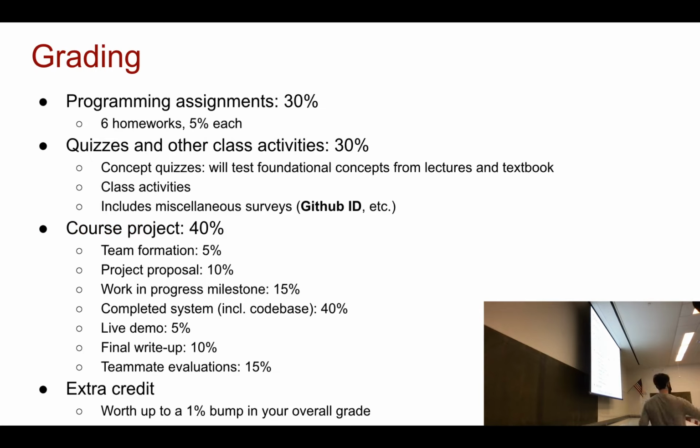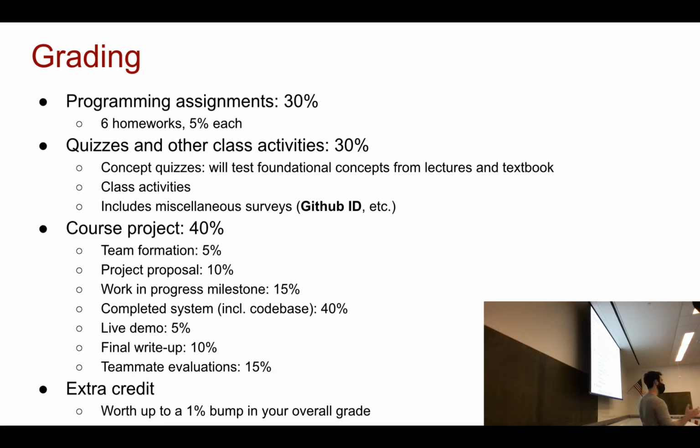Grading. There are three main buckets for grading. Programming assignments are worth 30% of the grade. There are six assignments, so each one is 5% of your overall grade. Quizzes and all the other miscellaneous activities we'll do in class are worth 30%. Any surveys that we post, like a Canvas survey, those points go into that bucket.